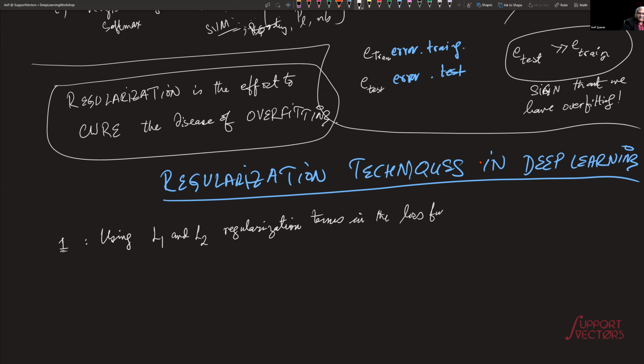What we do is add some regularization or penalty terms in the loss function before we do the gradient descent of it. The second technique that we will use is related, actually. It is something called dropout: dropout of nodes in a layer.